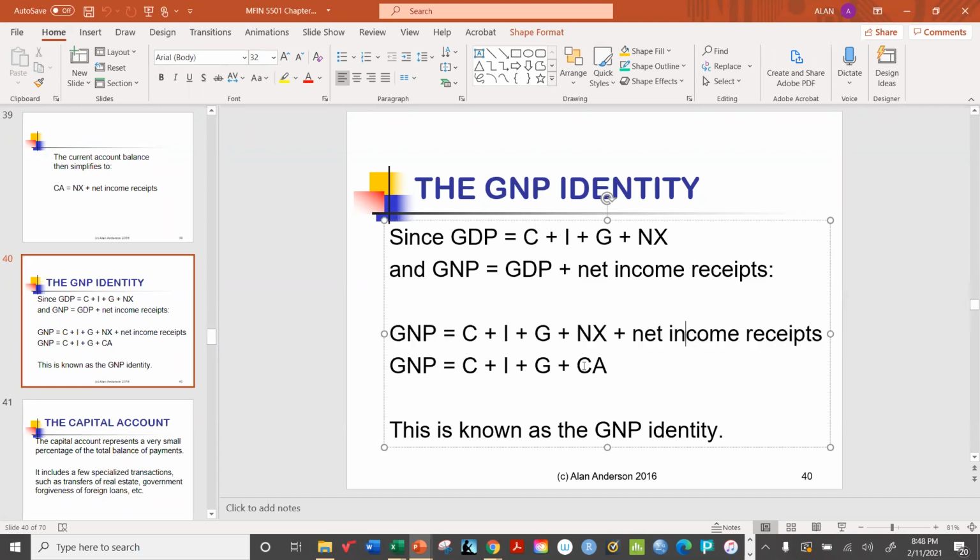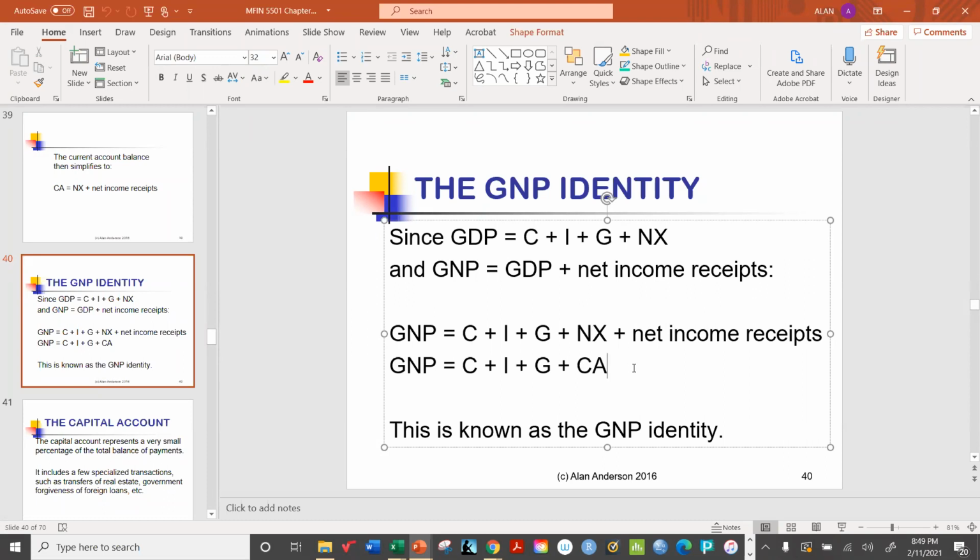And then you see what they've done. They've replaced net exports plus net income receipts with the current account balance. And so while this will be our GDP identity, the book will frequently use this GNP identity. The only real difference here is that the net exports or trade balance has been replaced by net exports plus net income receipts, which they're calling the current account balance.